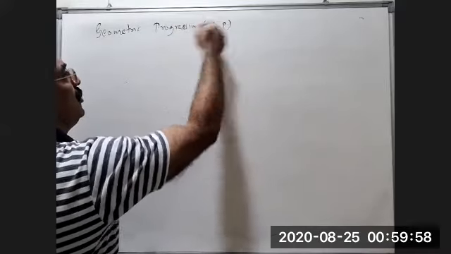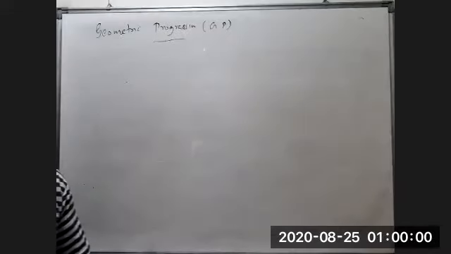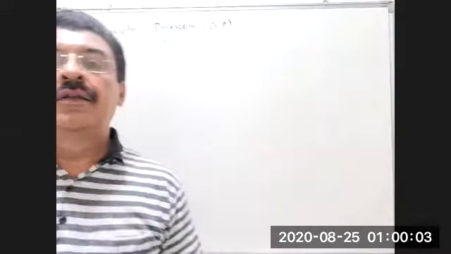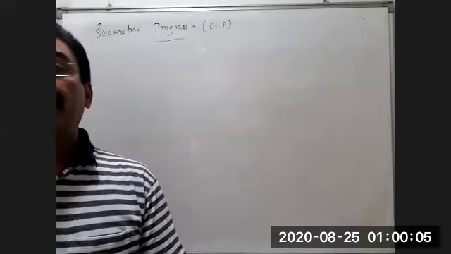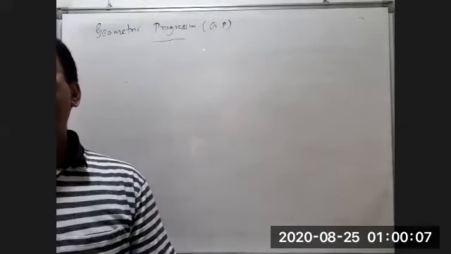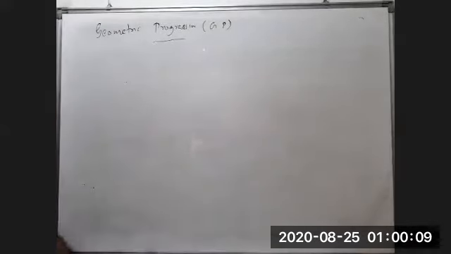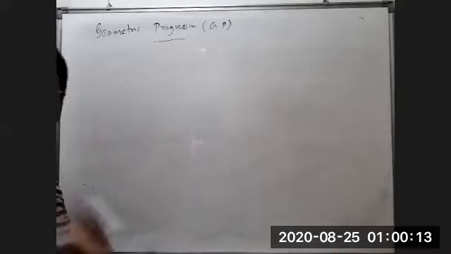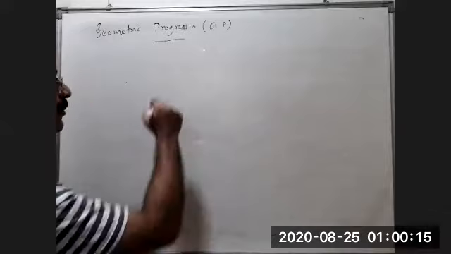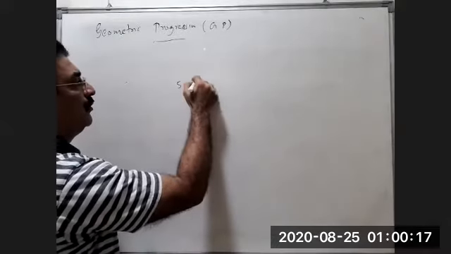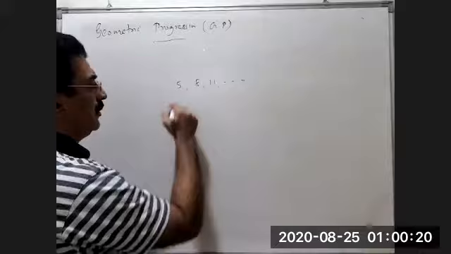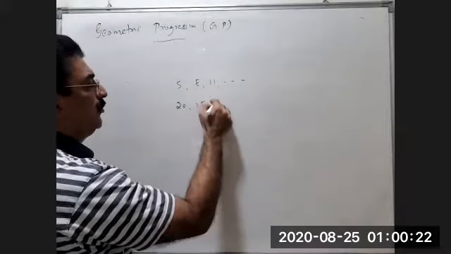We call it just GP. Geometric progression. So, AP, for example, 5, 8, 20, 15.